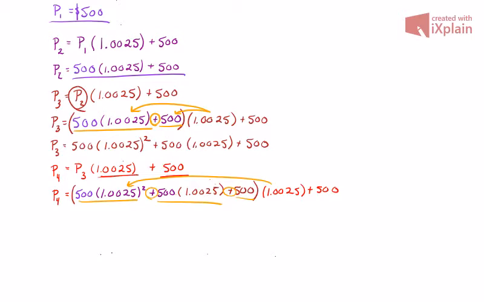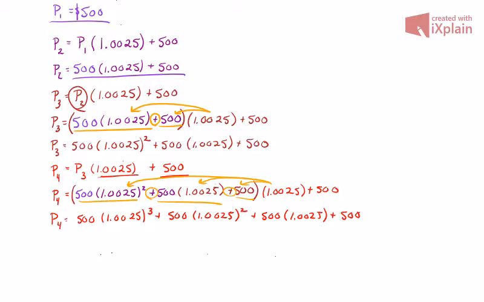So we would be distributing the 1.0025 to each of these terms. This simplifies everything to become p sub 4 is equal to 500 times 1.0025 cubed plus 500 times 1.0025 squared plus 500 times 1.0025 plus 500.